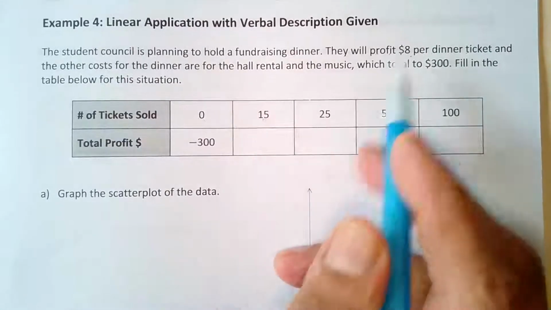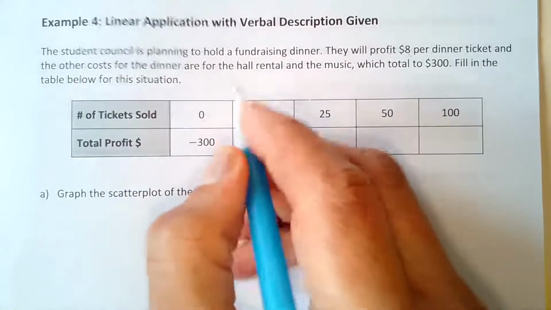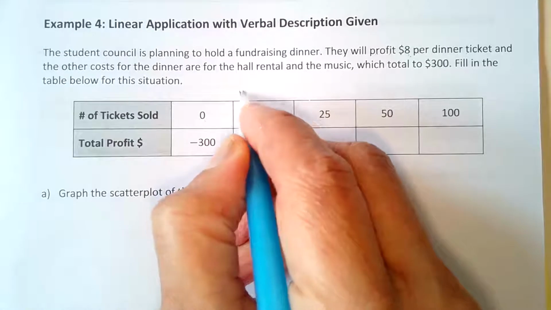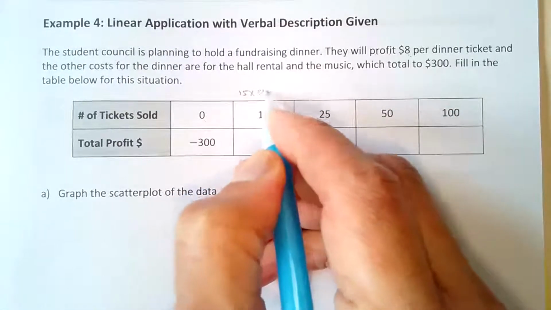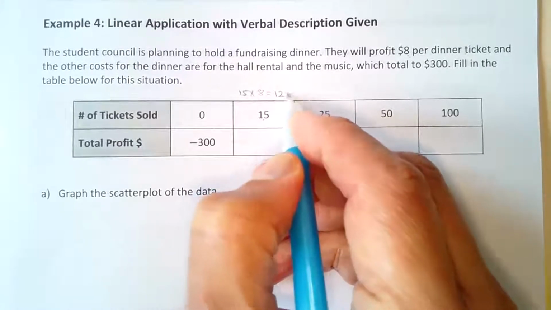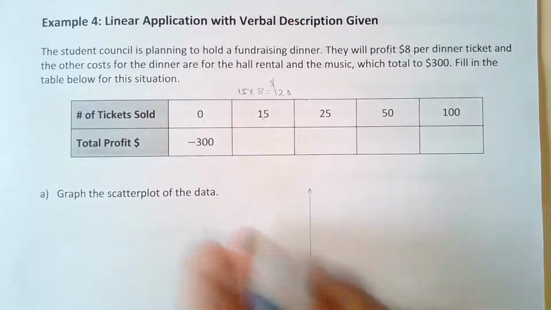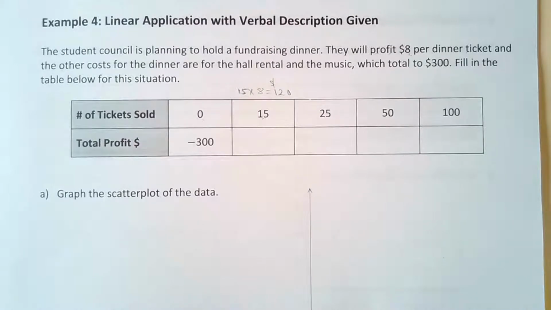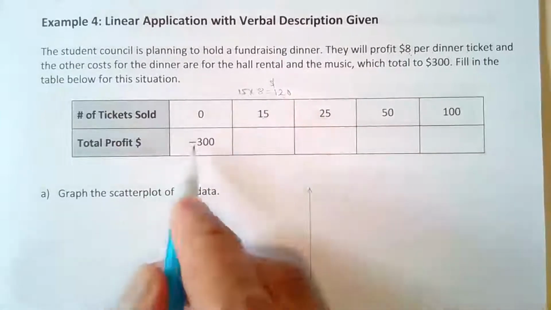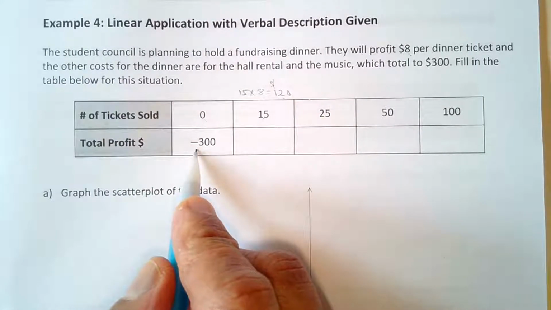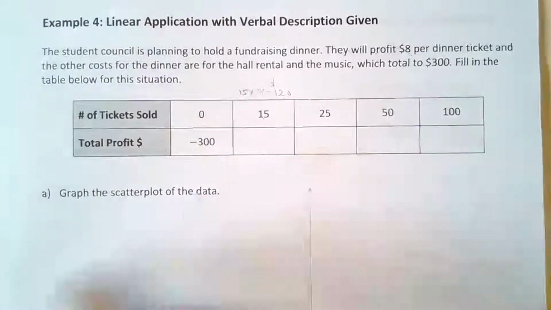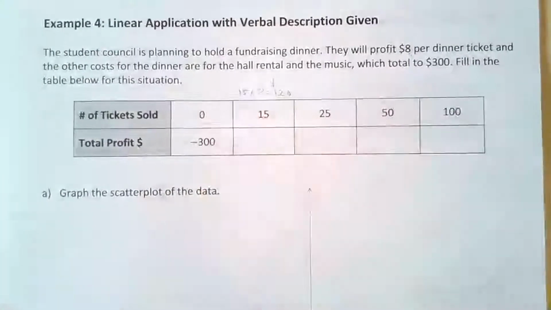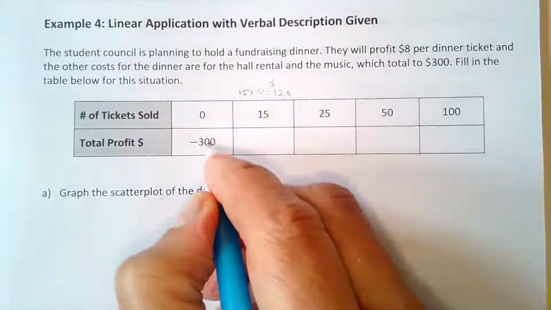For 15 tickets, it's $8 each, so the profit here would be 15 times 8, which is $120. But they're already in a hole of $300. So to find how much their debt is reduced by, it'd be minus 300 plus 120.